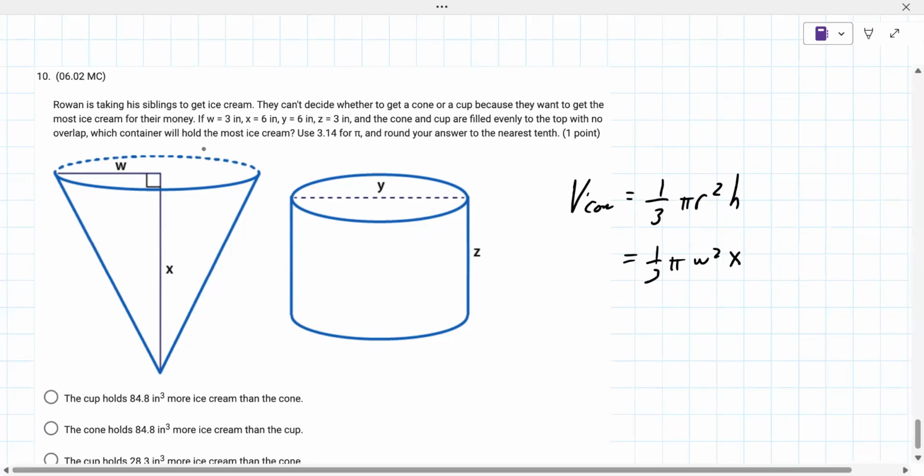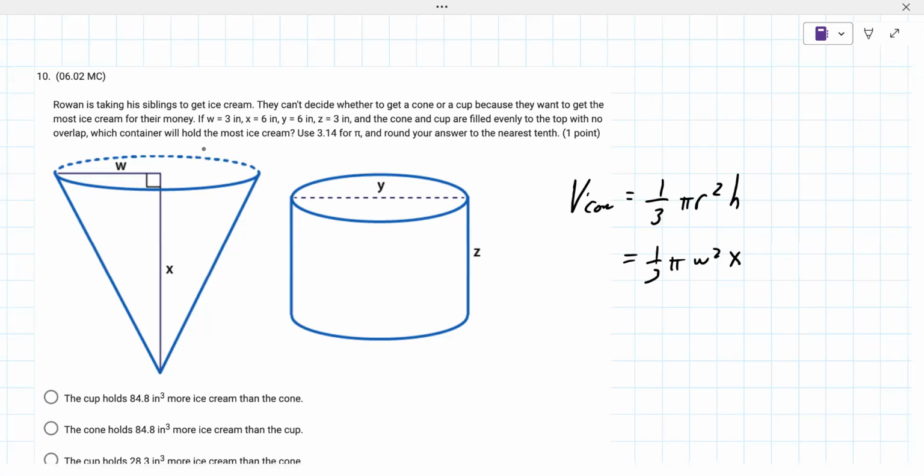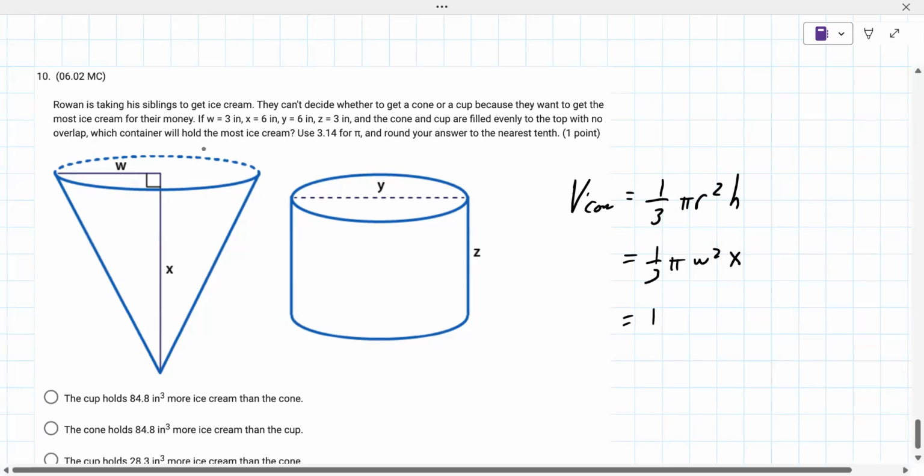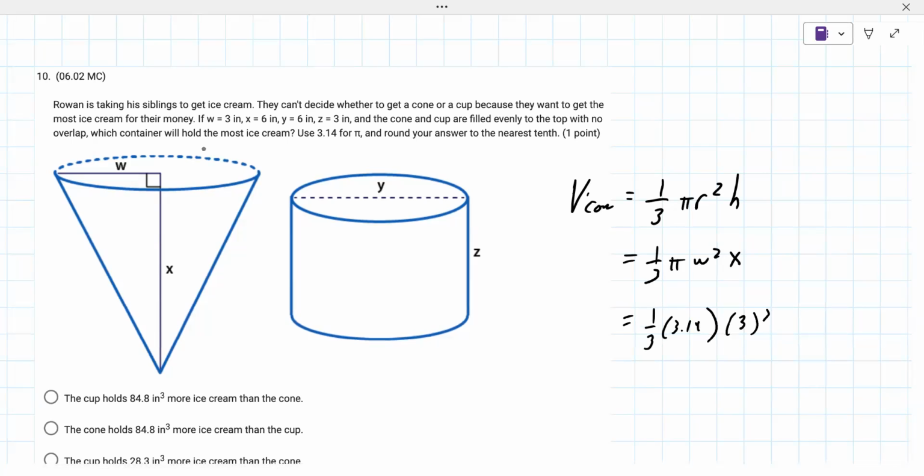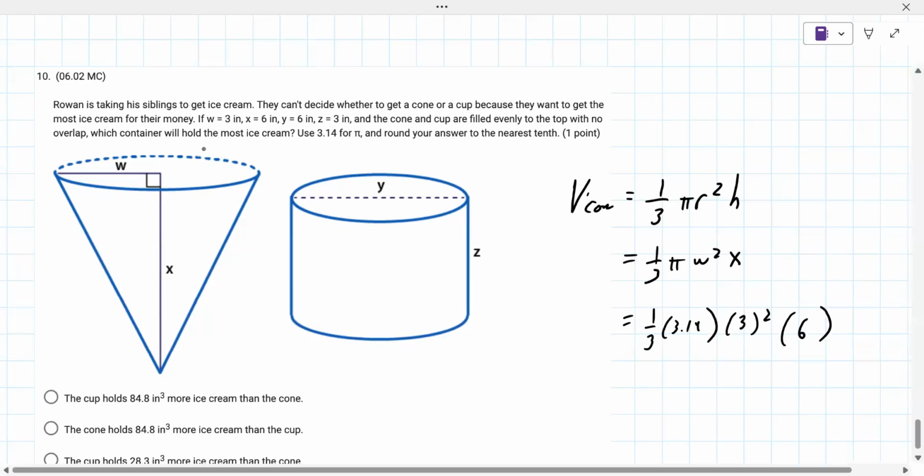Volume of the cone. W is 3, so the radius is 3. The height is 6. And you do want to use 3.14 for pi. I was just looking at the volume formula for a cone. So it's 1/3 pi r squared times height, right? Right.